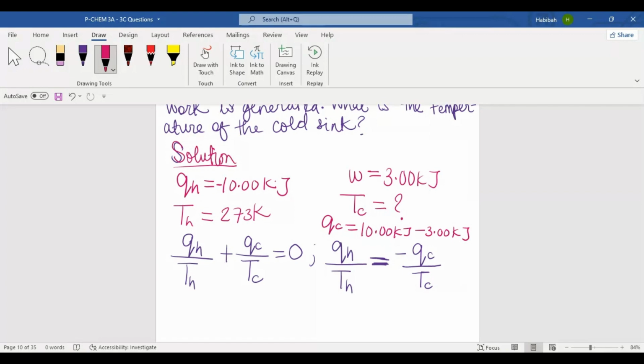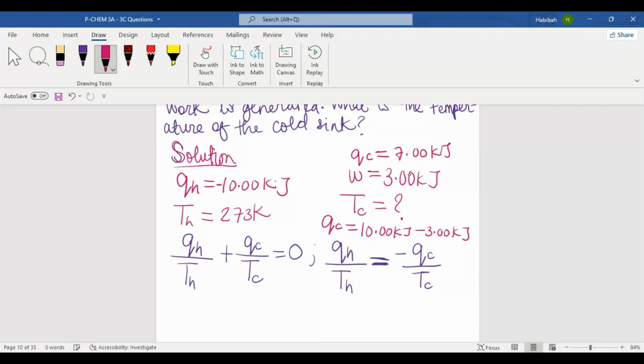Don't forget, we only attributed negative to show that we're taking from the hot source. That does not mean the heat itself is negative. So we can just say 10 minus 3, and the heat of the cold sink is going to be 7.00 kilojoule.